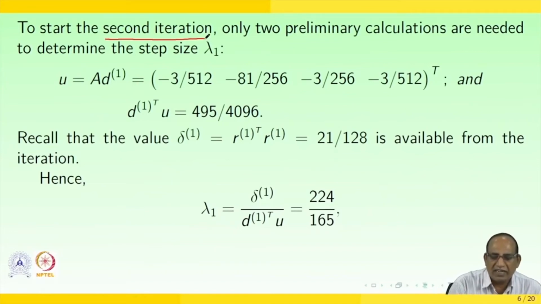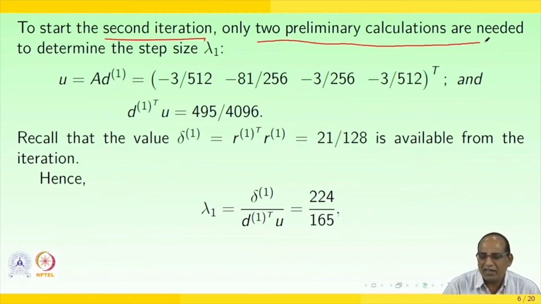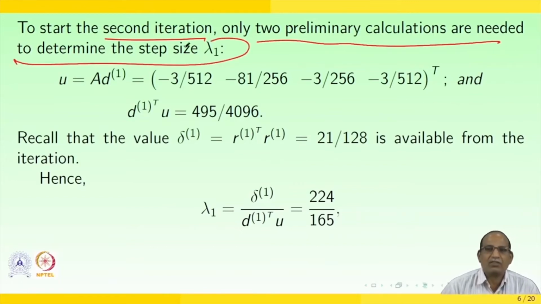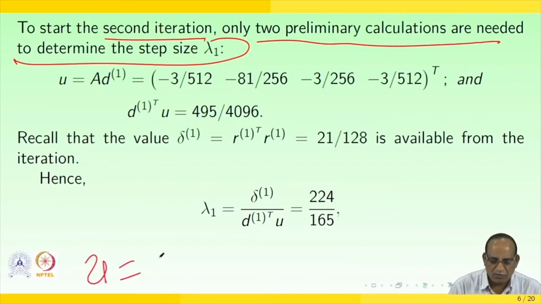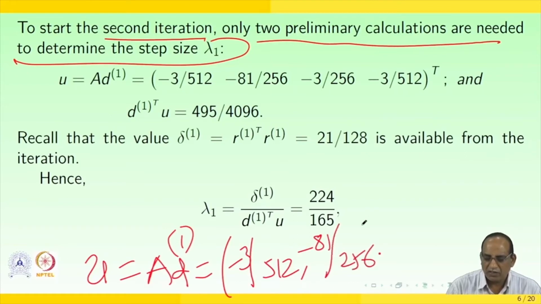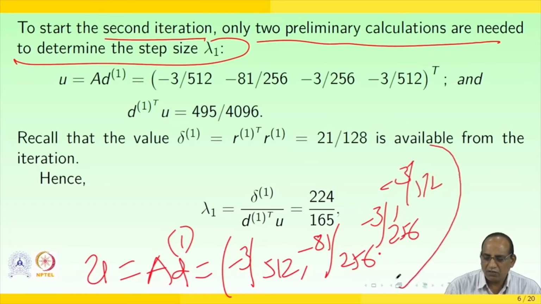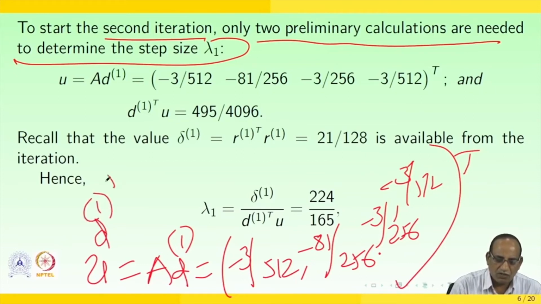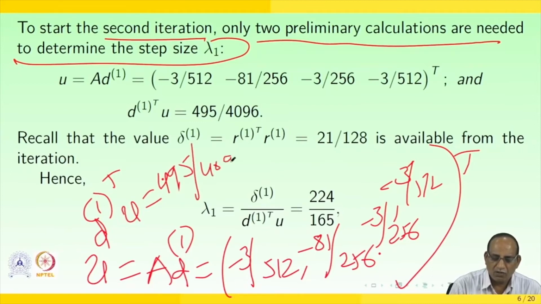To start the second iteration, only two preliminary calculations are needed to determine the step size lambda 1. So I will write U is equal to A times D of 1, that will be equal to minus 3 upon 512, minus 81 upon 256, minus 3 upon 256, minus 3 upon 512 transpose, and D of 1 transpose of U is equal to 495 upon 4096.